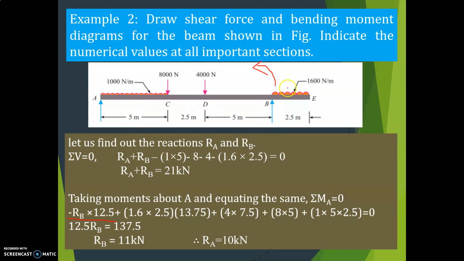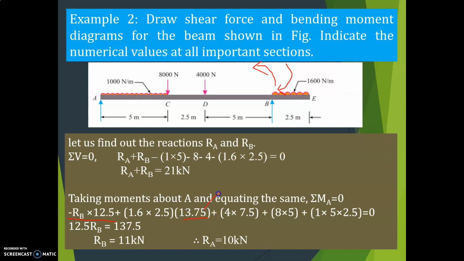Then the next force is this, and it is acting in the downward direction, so about A it moves like this, that is clockwise direction, so plus 1.6 into 2.5. First you have to multiply by distance, 1.6 into 2.5, then this is force into perpendicular distance, you are calculating moment, so half of 2.5, that is 1.25, plus 5 plus 2.5 plus 5, that is equal to 13.75.